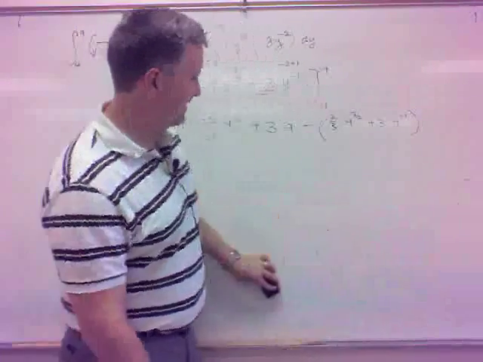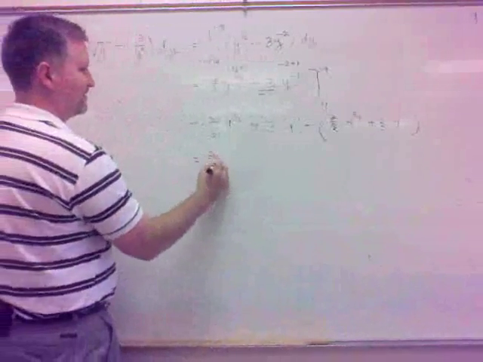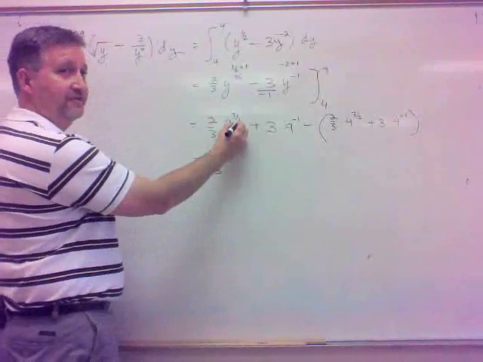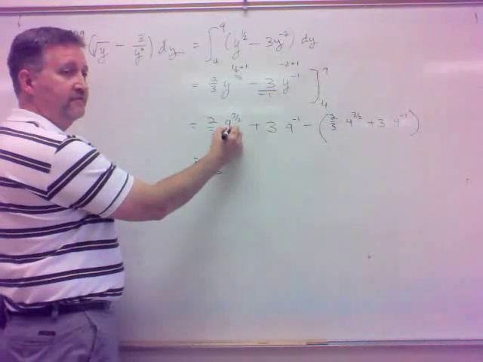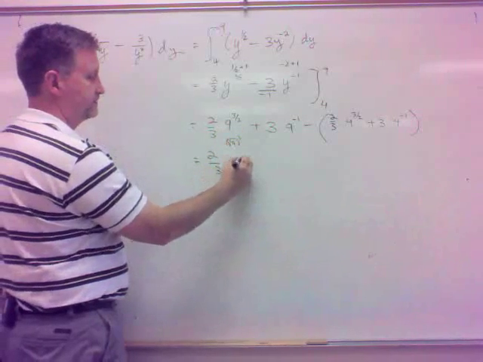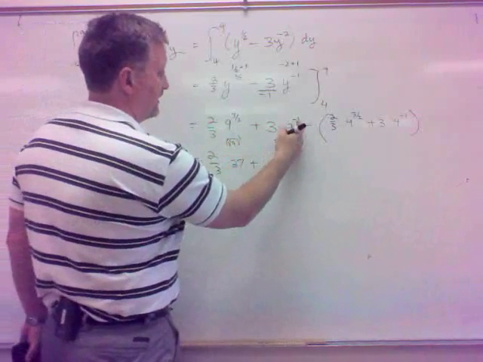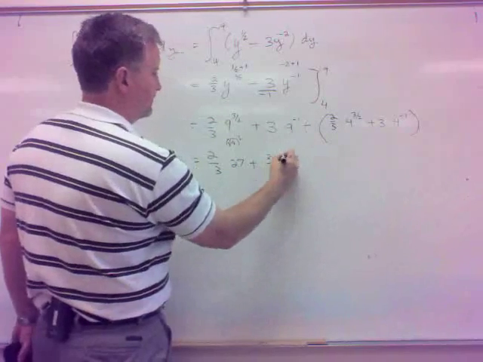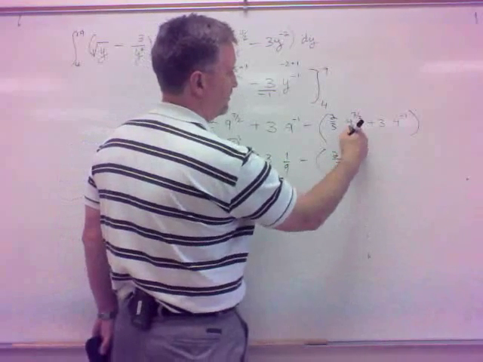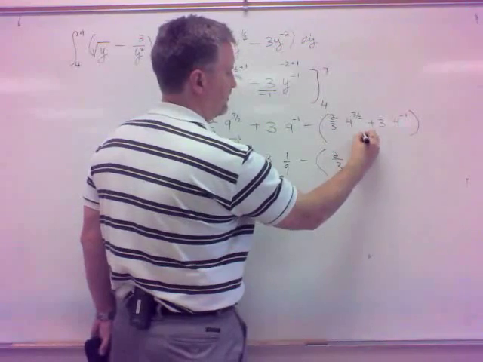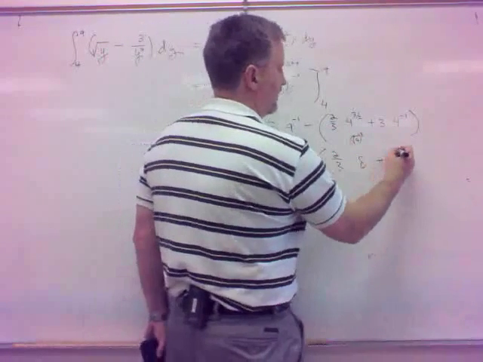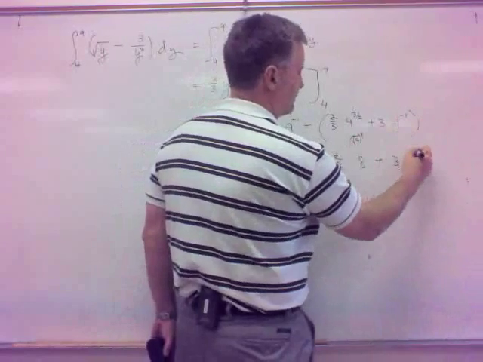I'll have to go ahead and do these by hand just to practice a little bit. All right, so it'll be 2/3. Again, the 2 in the denominator is square root. So you got the square root of 9, and then you cube that, which is 27. 9 to the -1, flip it over, so that's going to be 3 times 1/9. Over here we'll have 2/3 times the square root of 4 cubed. That's what that would mean, right? It'll be 2 cubed, which is 8. And then this will be 3 times, the negative 1 flips it over.